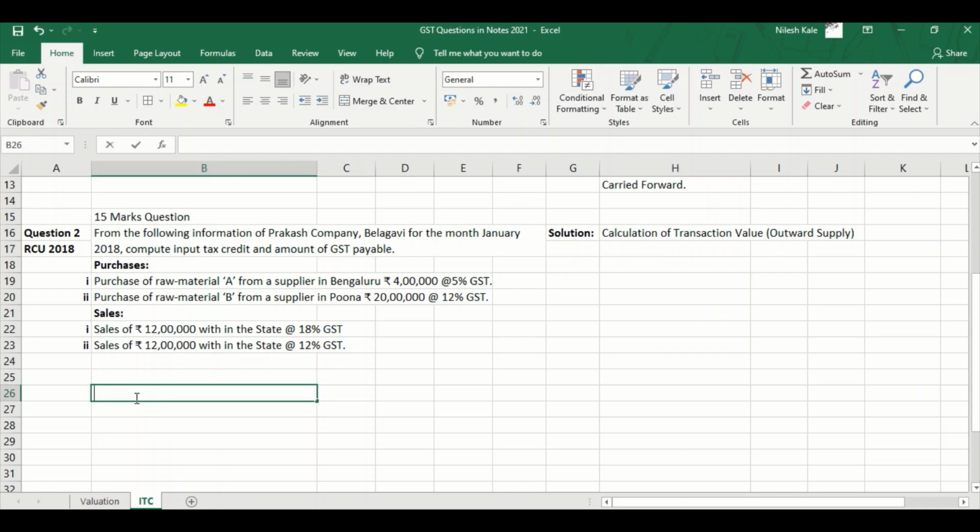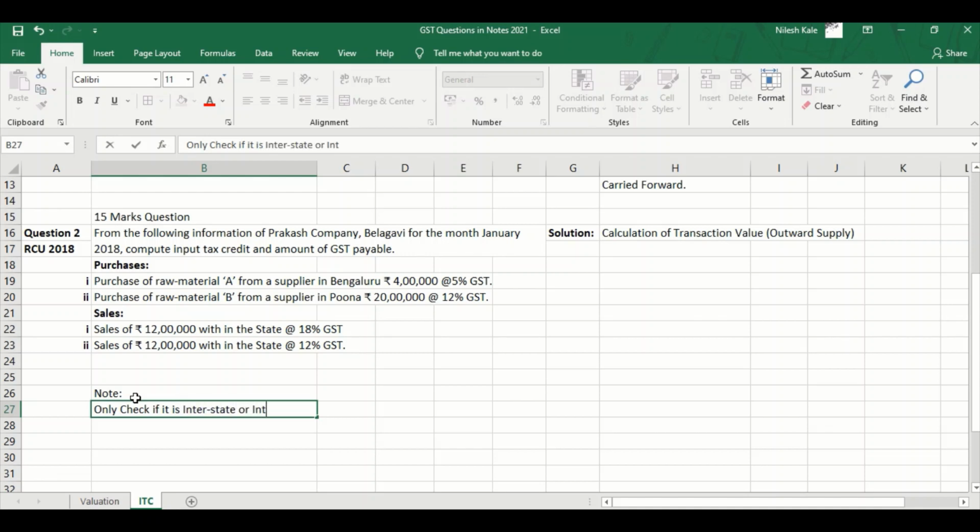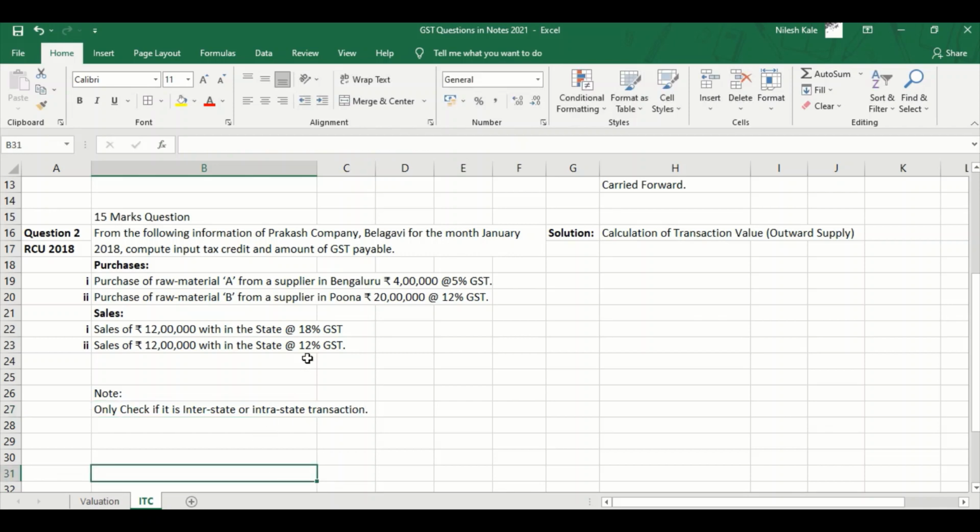Note, only check if it is interstate or intrastate transaction. Do not look at this rate of GST. These are the slabs. However, we will calculate, and all that will go into one box.